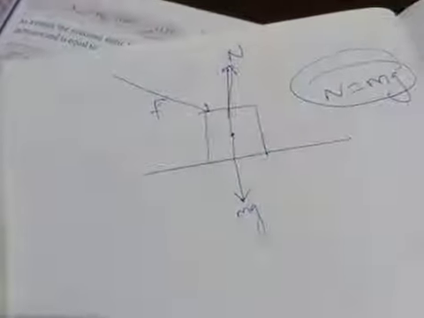Now you are applying an external force, an additional force F, at an angle theta on this object. So this F can be resolved into two components: one is F cos theta and another one is F sin theta.